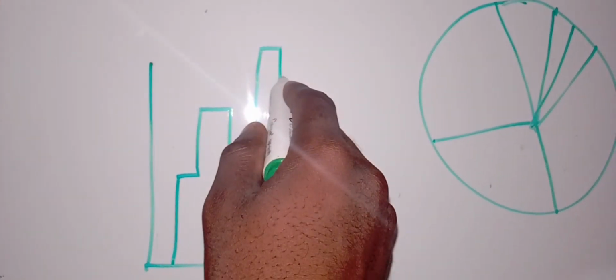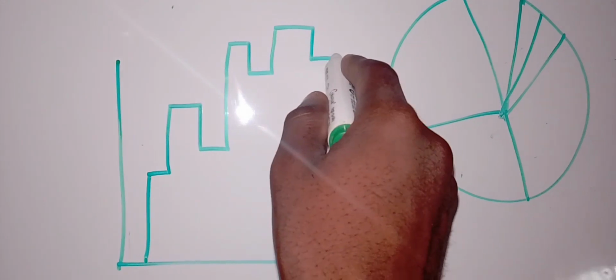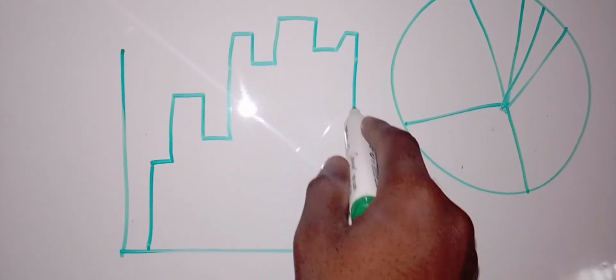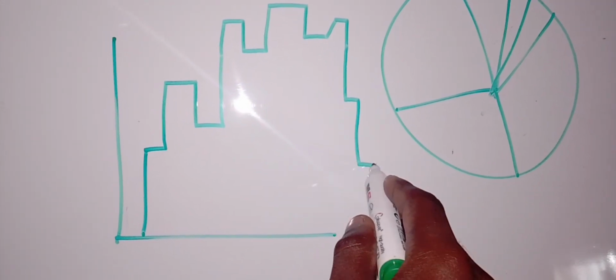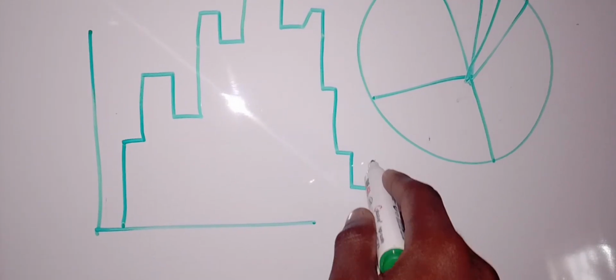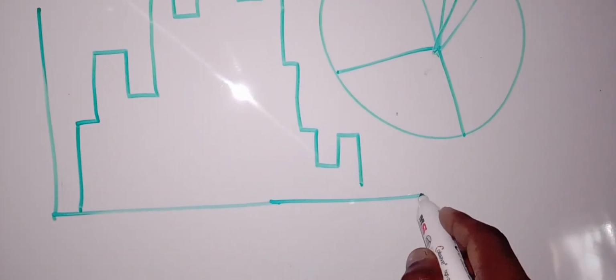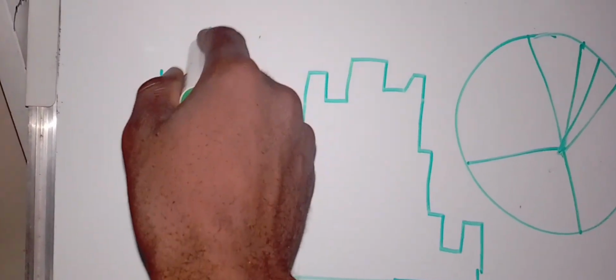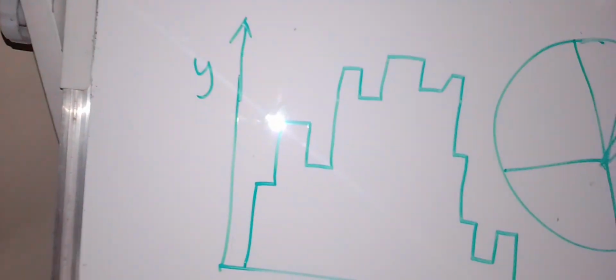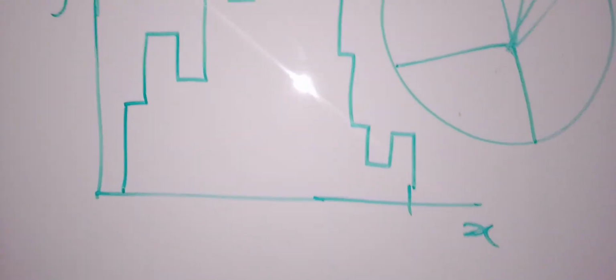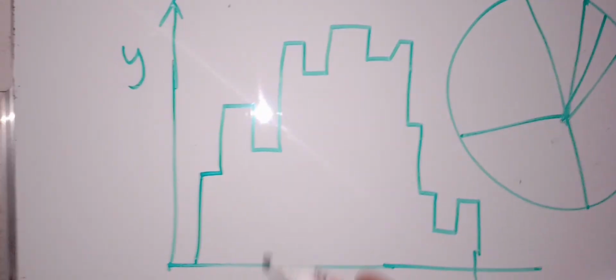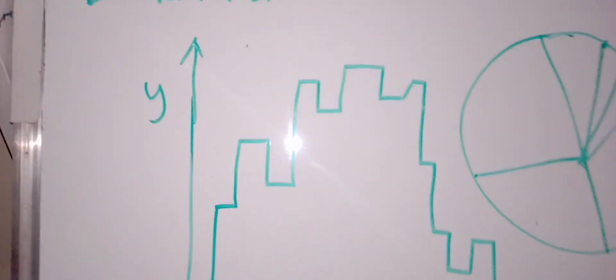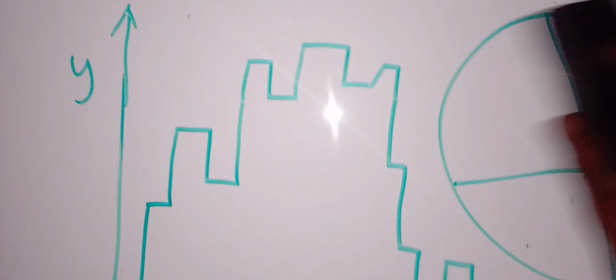Here it goes like this, it is continuous. This is the x-axis, this is the y-axis. It may represent cumulative frequency, and here the scores. So this is how the histogram looks.